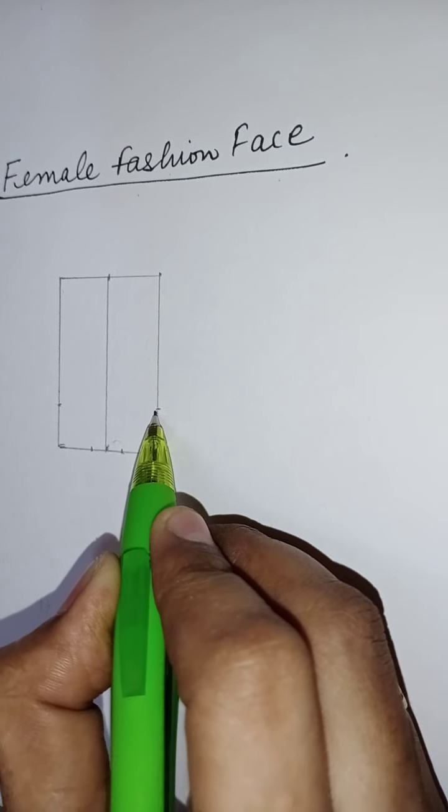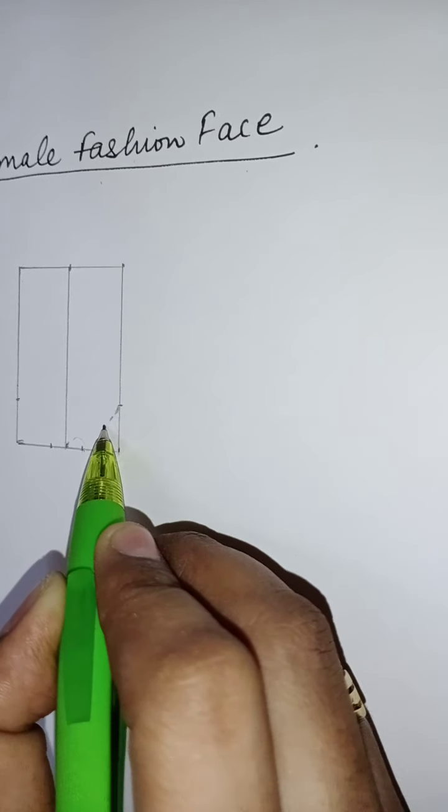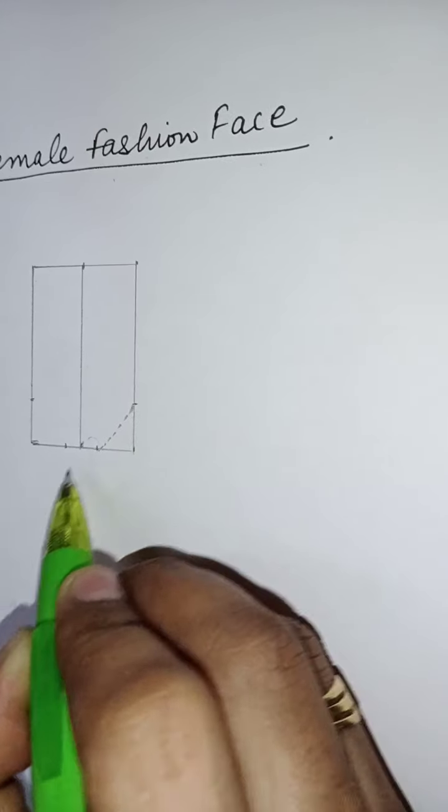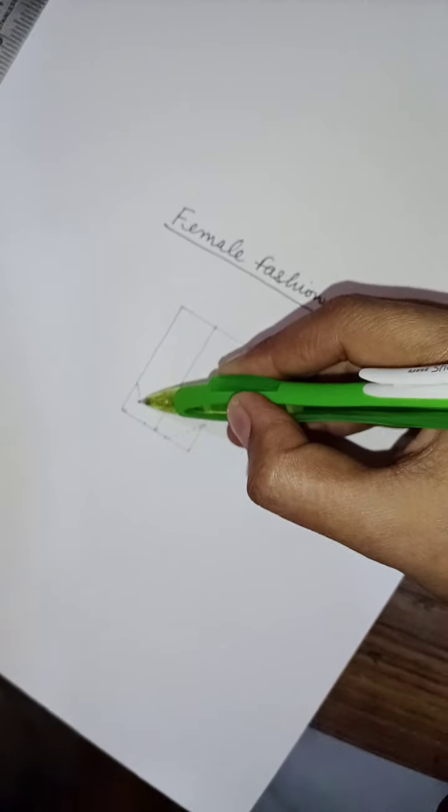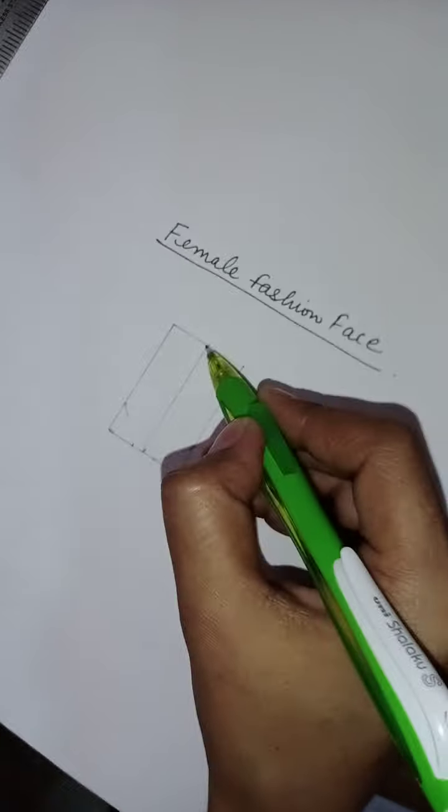Now I will join these 2 points with a broken line to make an outline. Okay. Now I will make an oval shape, a perfect oval shape.